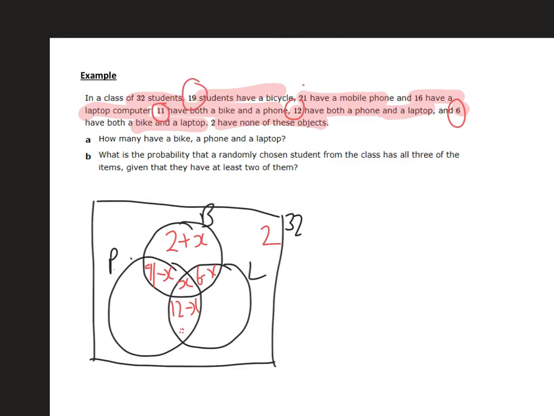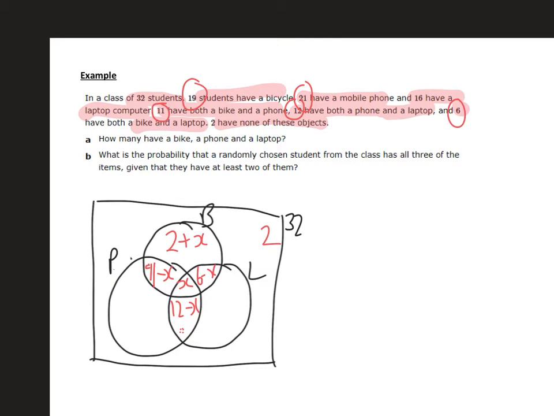It says 21 have a mobile phone. So if I look at the phone, I've got 11 take away X, 12 take away X, and X. So altogether, I've got 23 take away 2X. If I add X to that, I've got 23 take away 1X, and that needs to add up to 21.